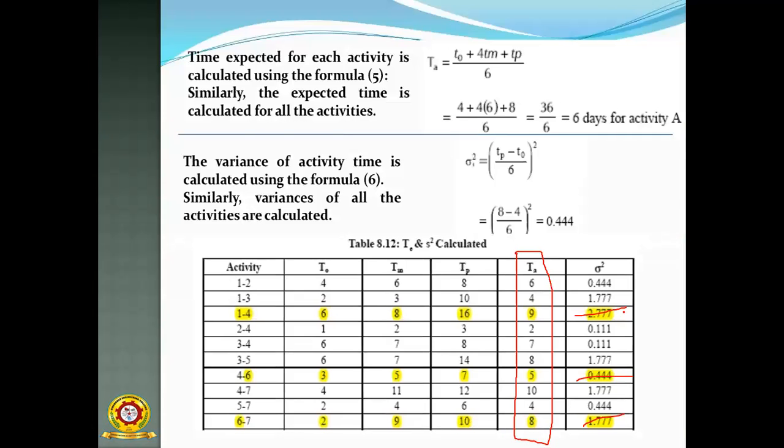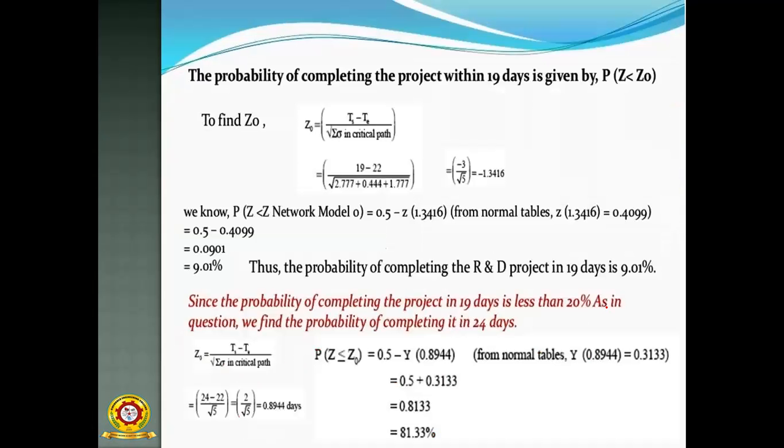They are rounding it; 4.998 is the total value, just 0.002 is the difference. That's why it is rounded as 5. After adding 2.777 plus 0.444 plus 1.777, you get 4.998, then it is rounded as 5.